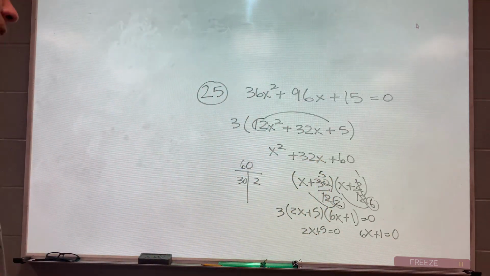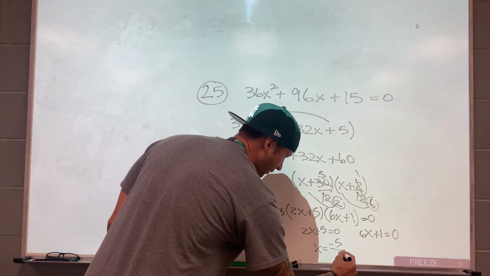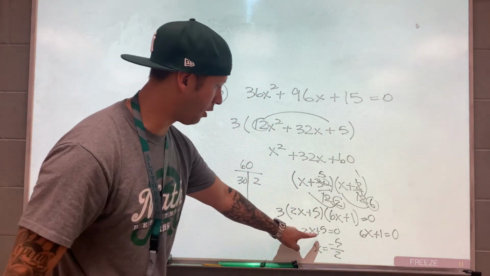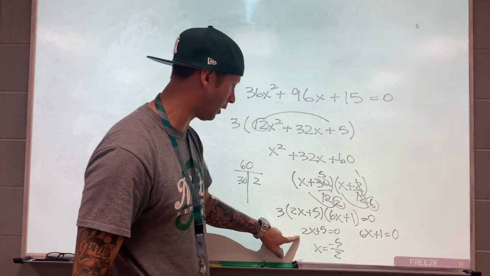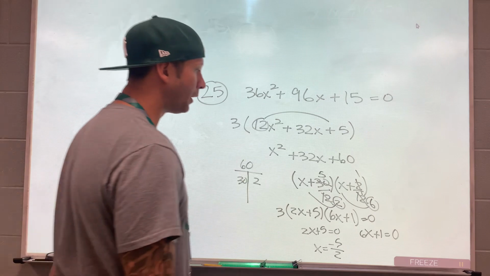So this is going to be minus 5 divided by 2. I'm just doing that in my head. I know I'm subtracting 5. I know I'm dividing by 2. So negative 5 divided by 2. Negative 1 divided by 6.